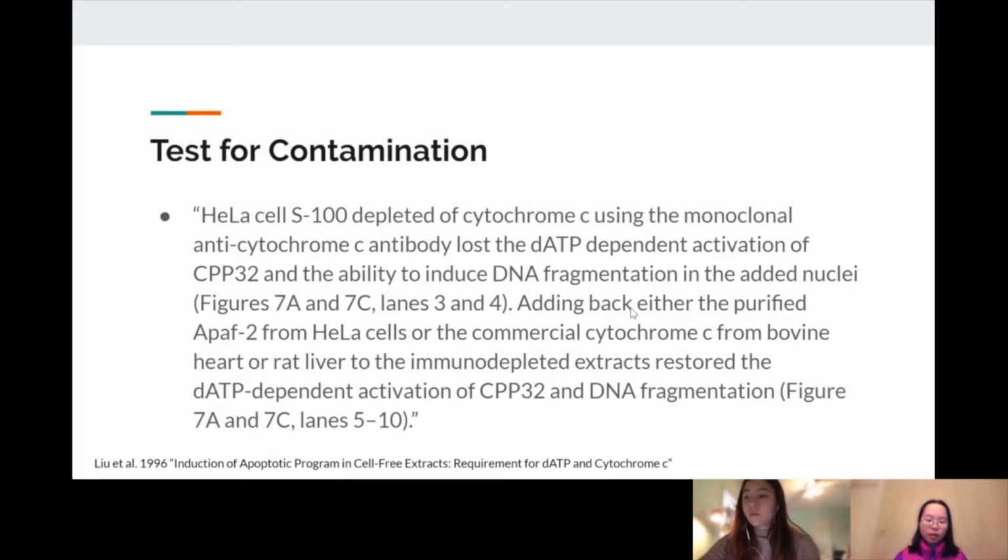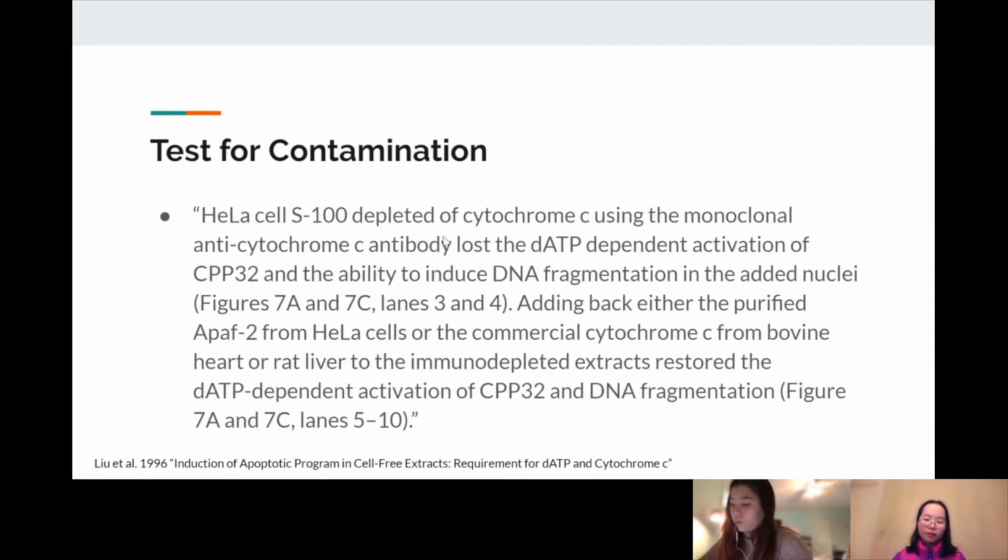So what they did is they used monoclonal anti-cytochrome C antibody. And this is a specific molecule that's traditionally produced by the immune system that can specifically bind to certain proteins. So they were using this antibody to specifically remove only cytochrome C from their experimental tubes.